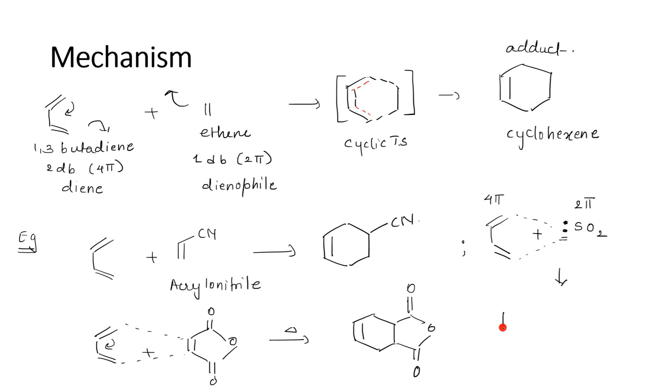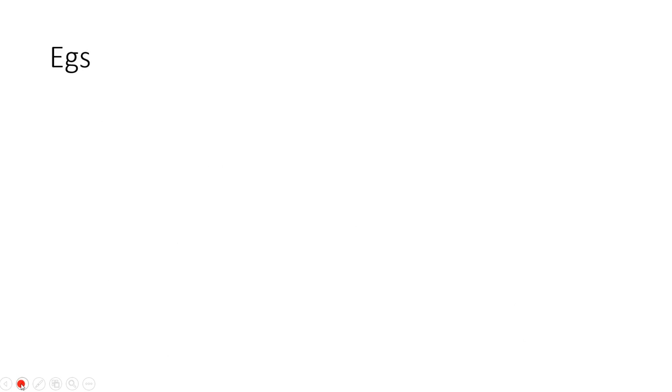So how is it going to take place? Same thing, but it won't be a cyclohexane adduct. It will be an adduct, but it won't be a 6-membered ring because it was a different reactant, a 2 pi system. Now, this is what is related to the BSc syllabus.